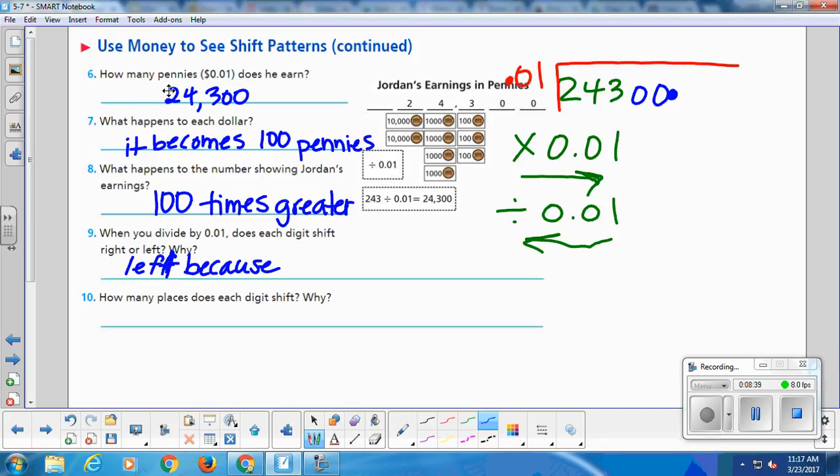Because dividing by 100th is the same as what? Multiplying by 10? No. Multiplying by 100.